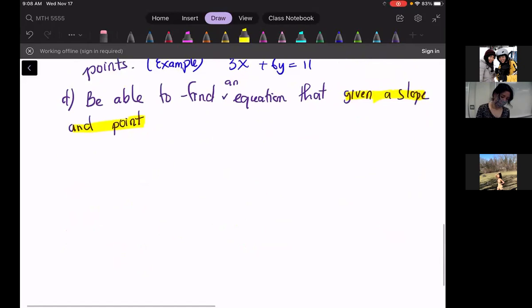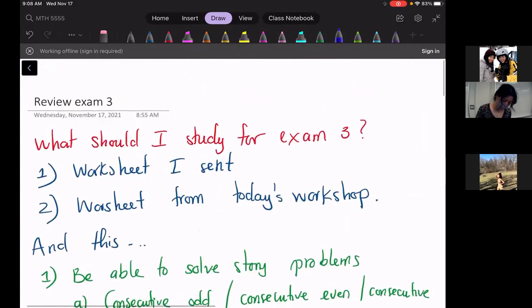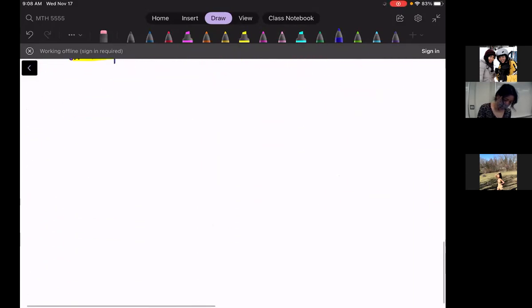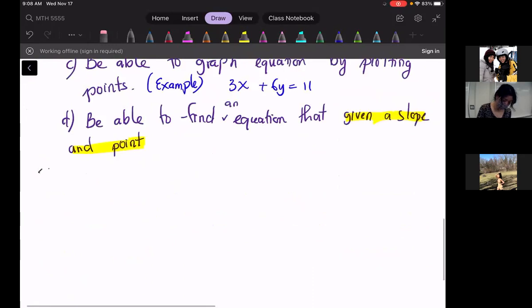All right, one more. Two more, maybe two more. I'll do this in black. Number 3.